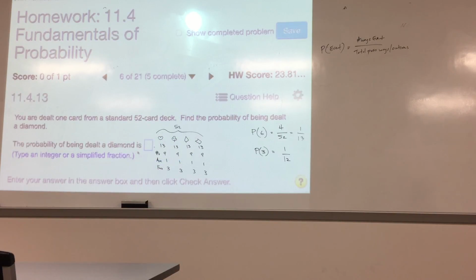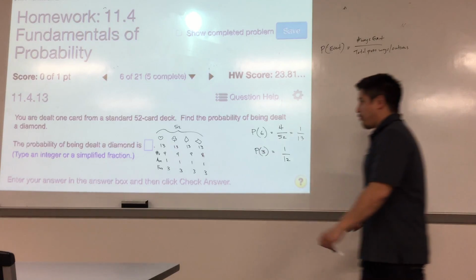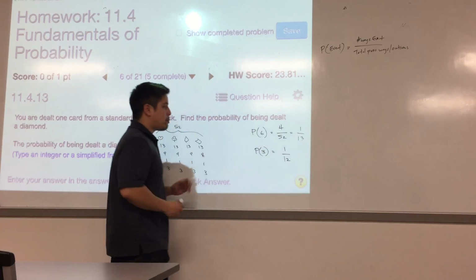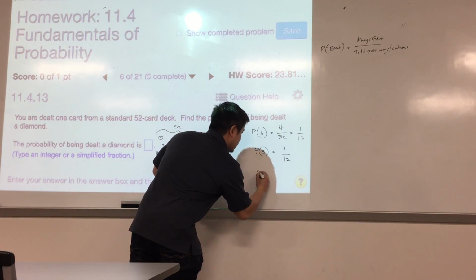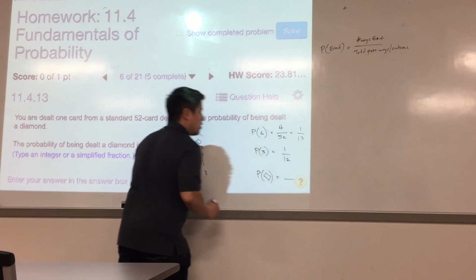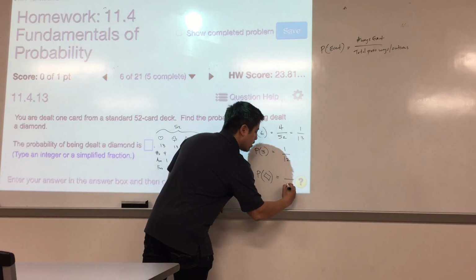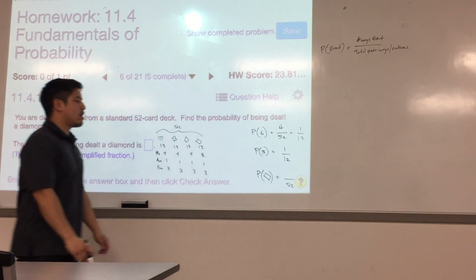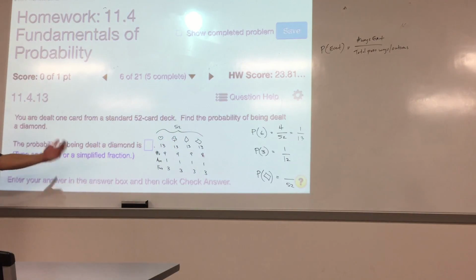Okay. All right, let's do this next one. You are dealt 1 card from a standard 52 card deck. Find the probability of being dealt a diamond. Well, let's take a look at this. First and foremost, how many possible ways do we have of being dealt cards? Just cards in general. 52 again, right? You have 52 ways that you can be dealt a card.